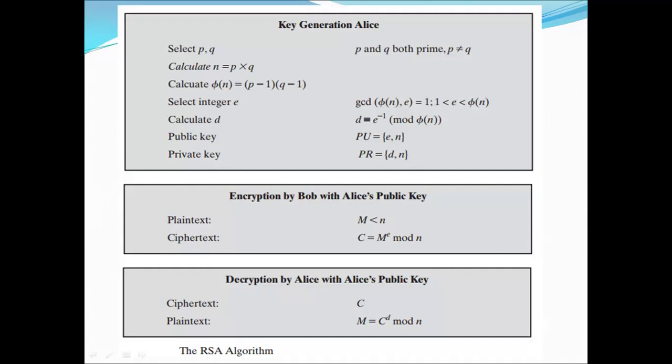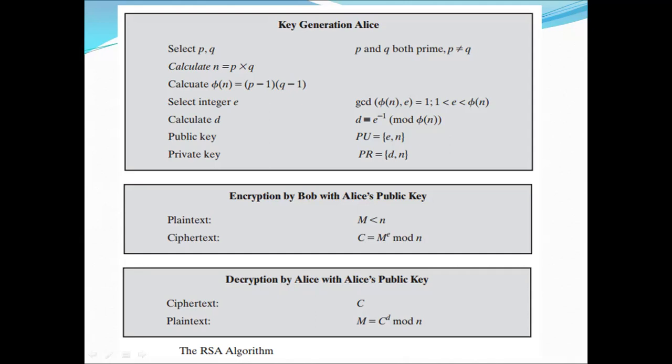The steps, I will explain one by one. As the first step, we have to select p and q, where p and q are prime numbers and p is not equal to q. Then we have to calculate the n value, which is equal to p multiplied by q, and we have to calculate phi of n, which is equal to (p minus 1) times (q minus 1).